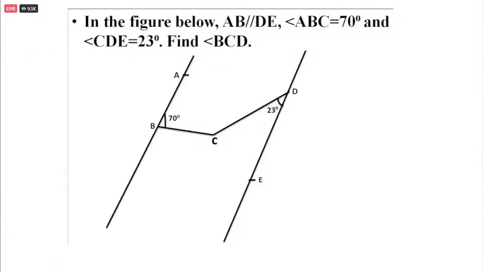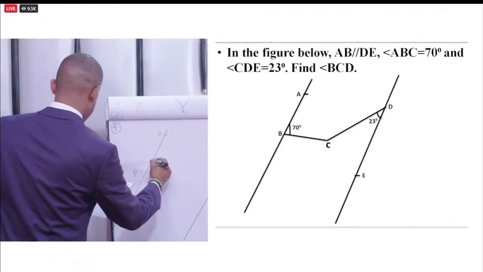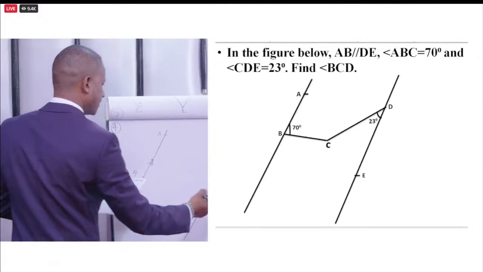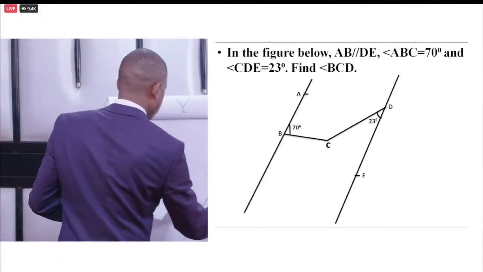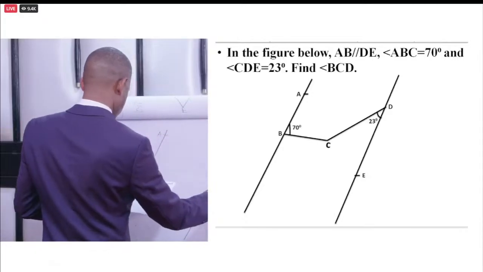In the figure below, AB is parallel to DE. So what's the figure? This is the figure. So you are told that AB, or BA, is parallel to DE.